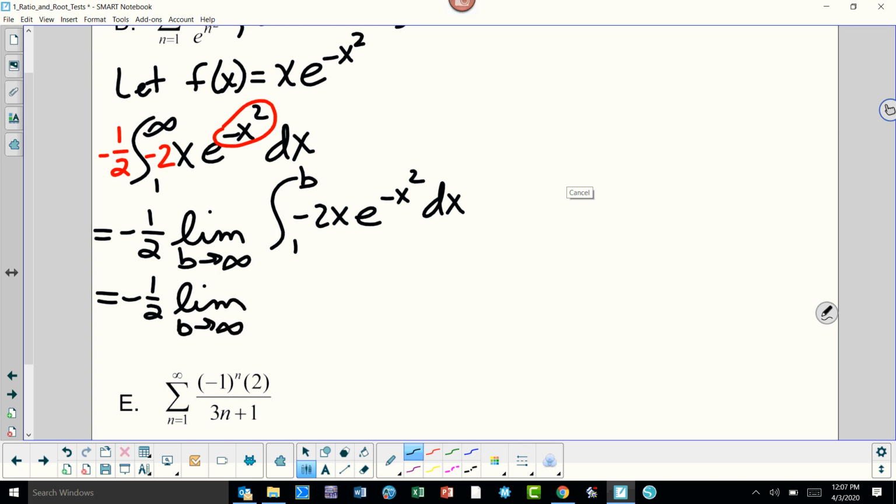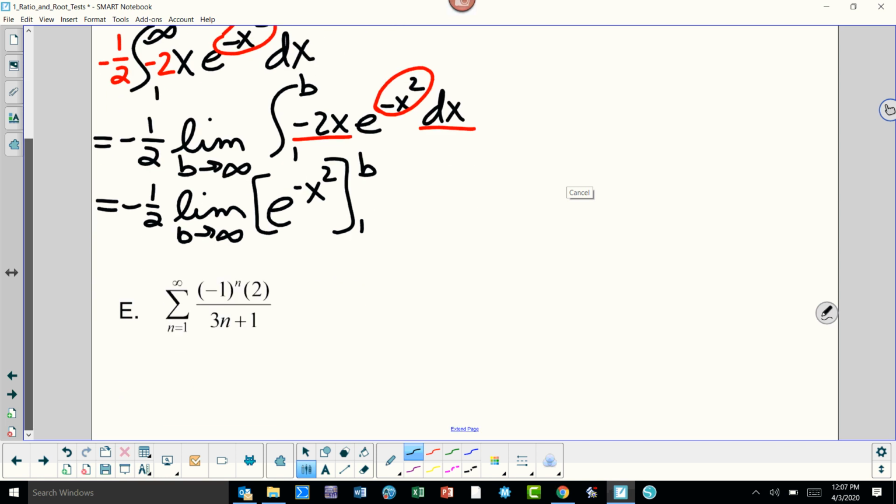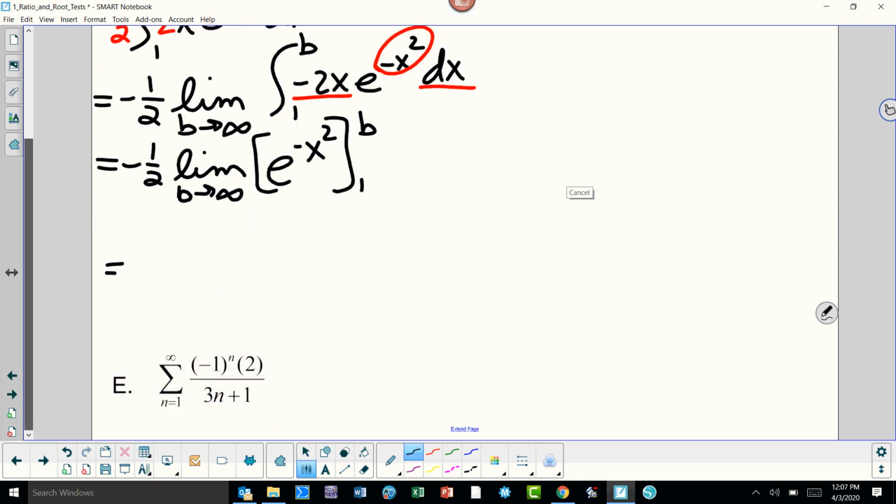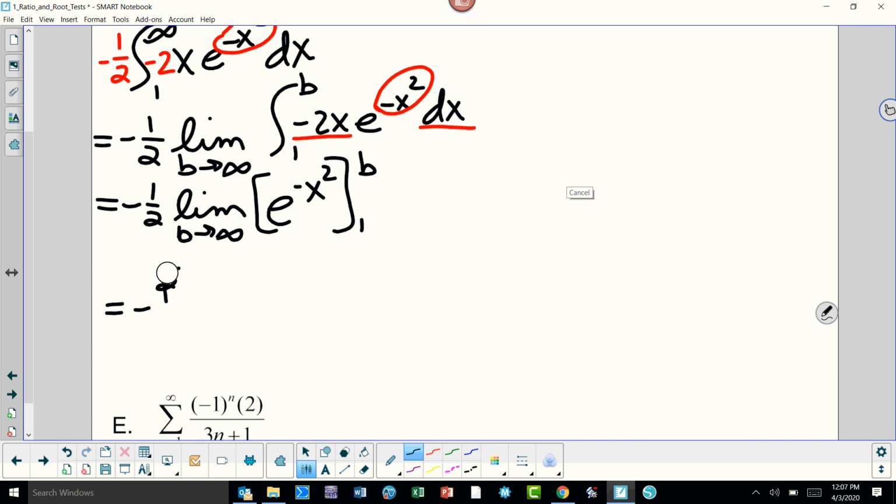And then really, just remember, this was u and this is du. So I have e to the u du. Well, when you integrate that, you're just going to get e to the u. But instead of u, I need to write the negative x squared. And then I'm going from 1 to b, which is going to be negative 1/2.